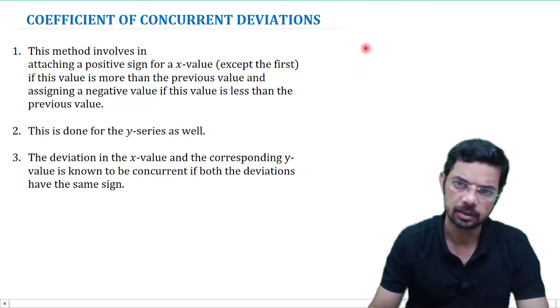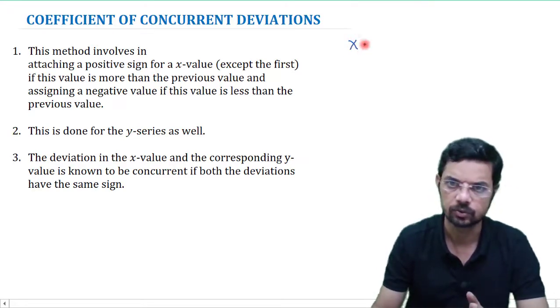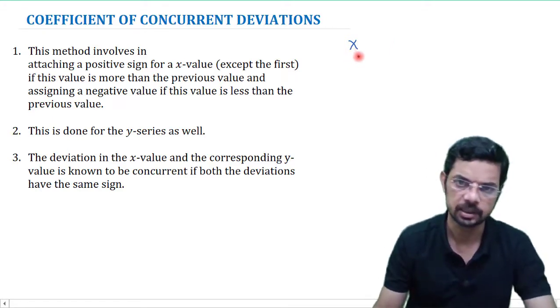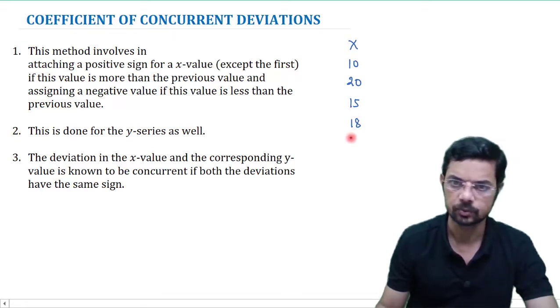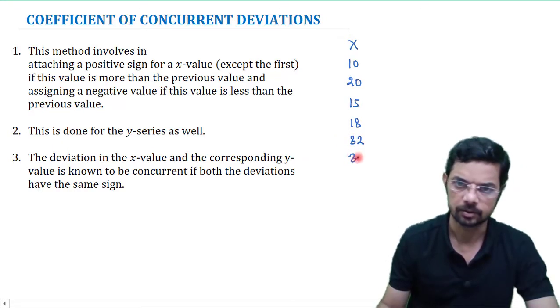So let me consider a given series, say X, given to you as a list like this: 10, 20, 15, 18, 32, and 30.